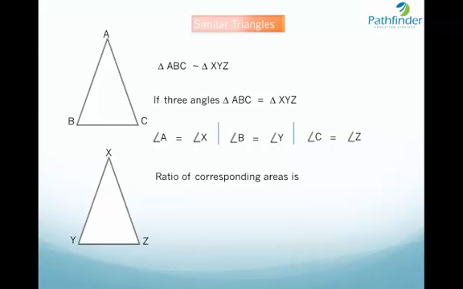Now, what about the ratio of corresponding areas? Because area is expressed as a product of two sides, therefore, area of triangle ABC upon area of triangle XYZ is equal to the square of the common ratio, that is R square.